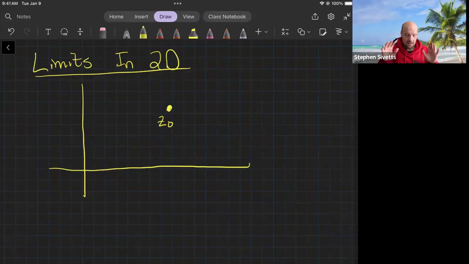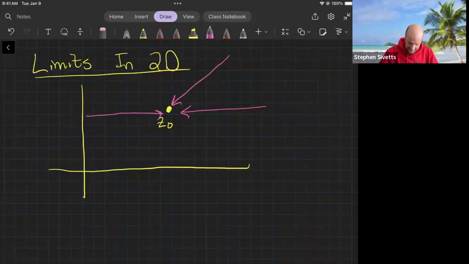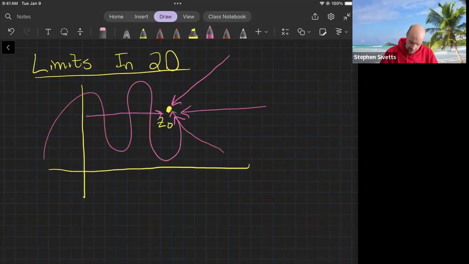But limits in 2D are going to be a little bit more challenging, because we can approach points in two dimensions. Well, we can approach it in this direction. We could approach a point in 2D in this direction, right? We can approach z naught along, let's say, y equals x, or y equals minus x, or we can do some squiggly pattern.